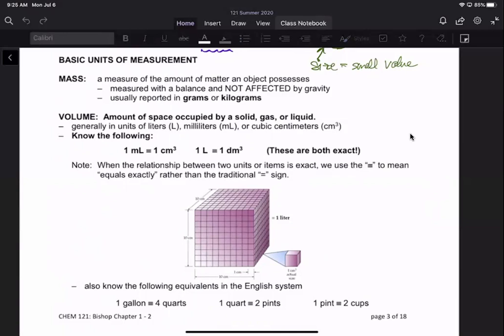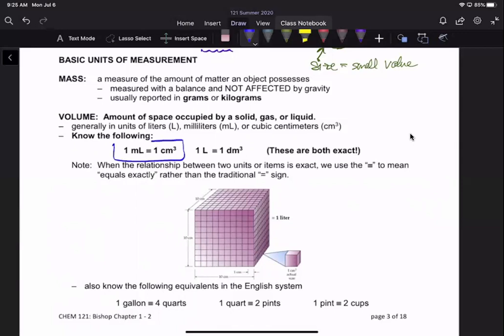So one of the important relationships we need to know is the relationship between using milliliters in a piece of glassware measuring volume in the lab to volume by measurement, where we would measure, for example, 3 edges of a cube to get 1 centimeter cubed. So this is one of our definitions.